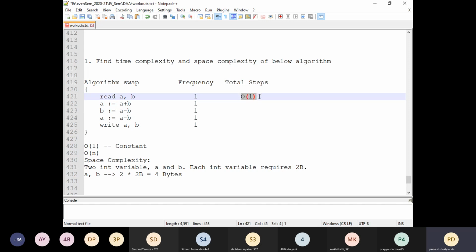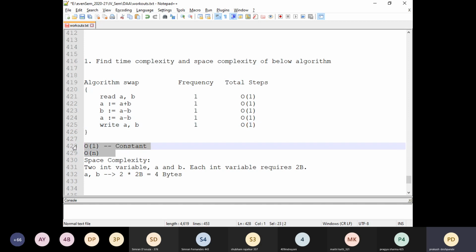In the same way, for the next statement, for this particular step, it is going to be big O of 1. None of these statements' frequencies involve the instance characteristics or the value of n.